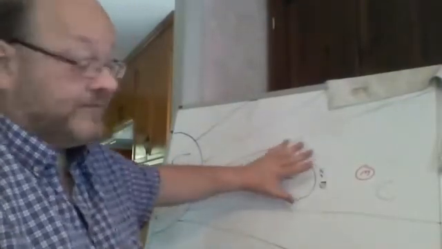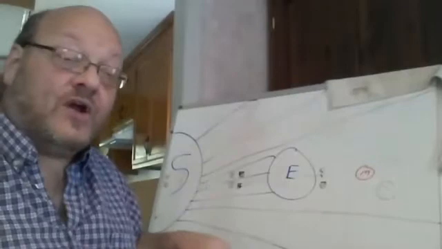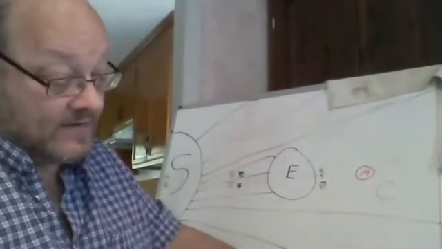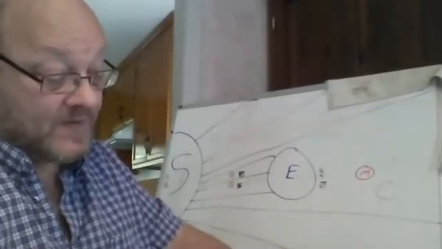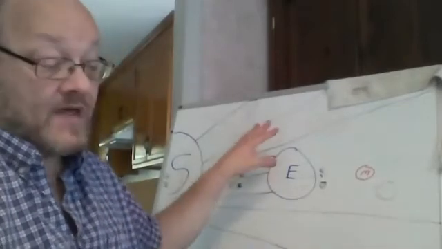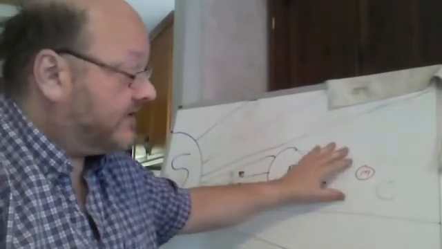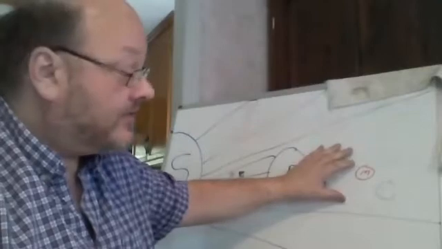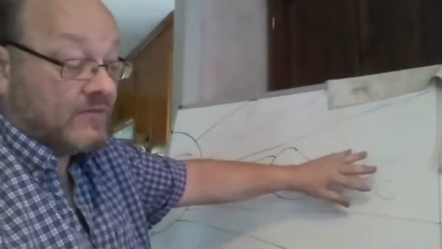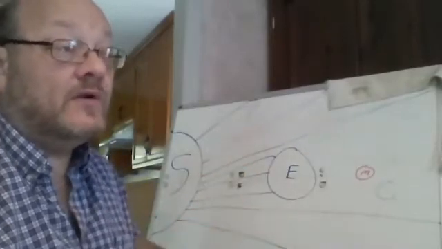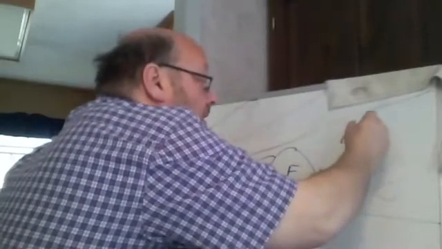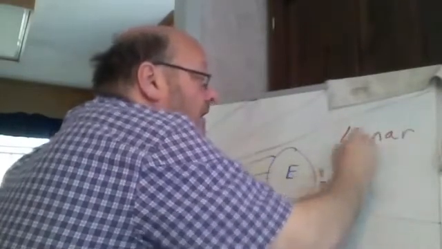No. So we have the Earth blocking the light from the moon. So my question to you is, if the Earth or the Earth's shadow is blocking the light from the sun from hitting the moon, what do we call that? A lunar eclipse.